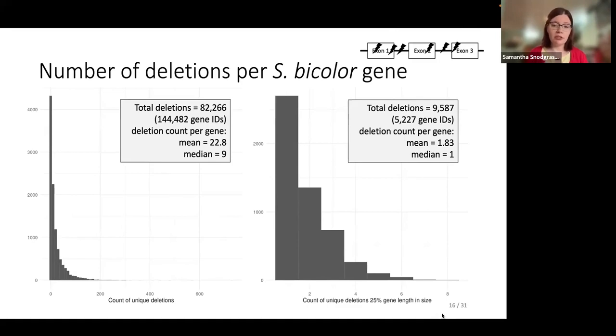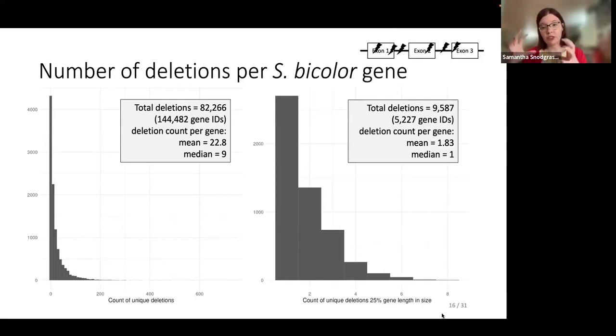Now, this is not particularly surprising given the number of structural variants known in Zea, but remember, these are pretty small with a median of about 4 base pairs in length. And so to get at something that might be more meaningful in terms of fractionation, I also filtered those deletions down to deletions that were at least 25% of the length of the gene that they were called in.